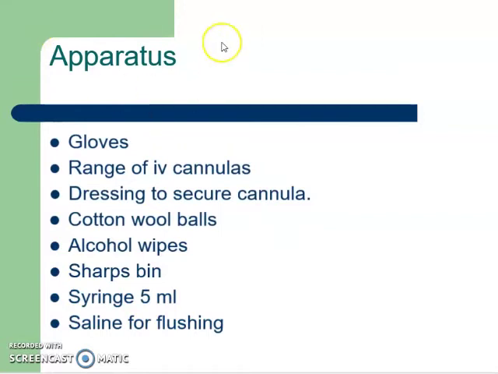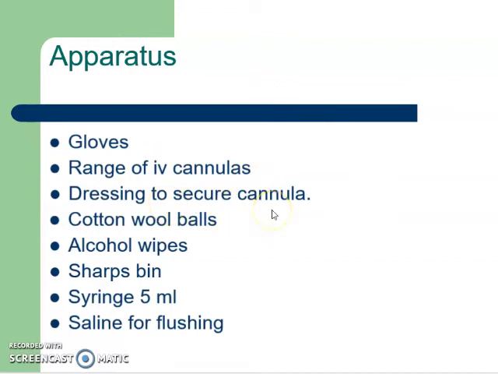Now, what is the gadgetry required for cannulating a vein? First and foremost, you should have gloves which you are going to wear, then cannula with size which you want to cannulate, and a spare one also, if present, would be better.